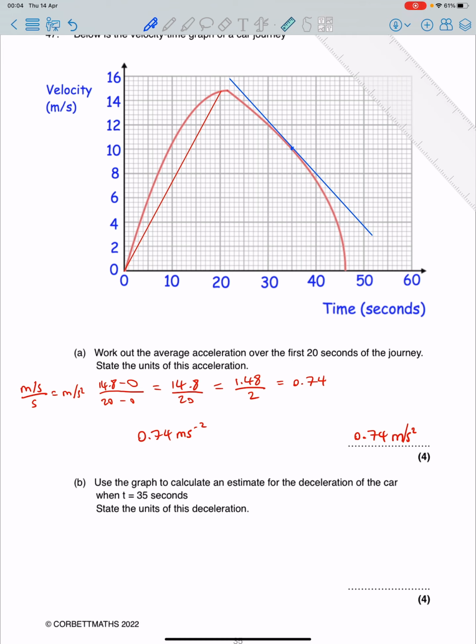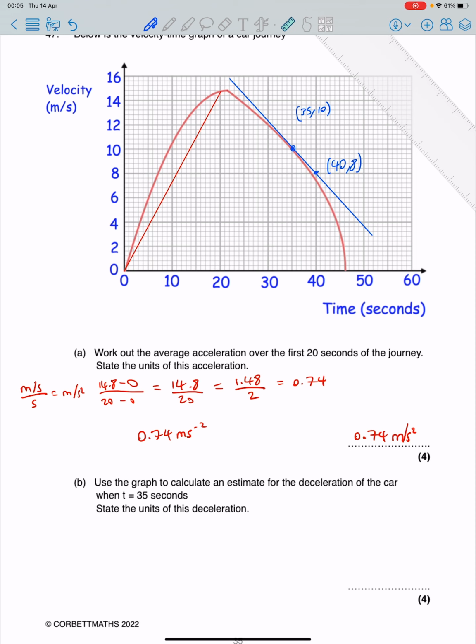So we can see that there's one point here which has coordinates, what is that, 35, 10? Yeah, 35, 10. And we've got another nice point here, which has coordinates 40, 8. So we're going to work out the gradient of that.